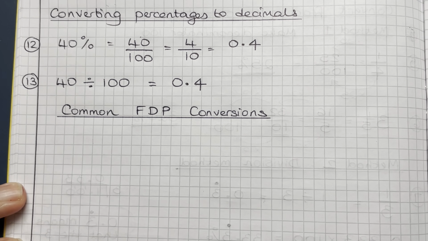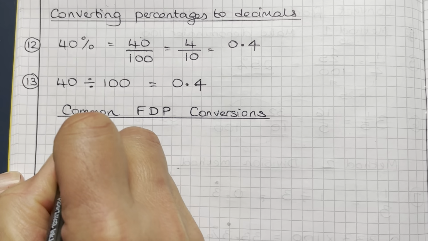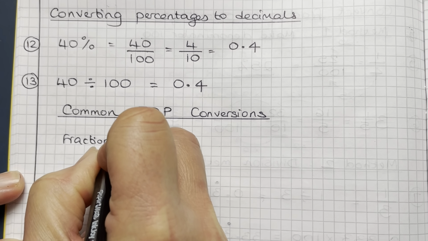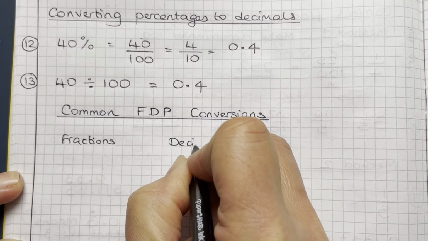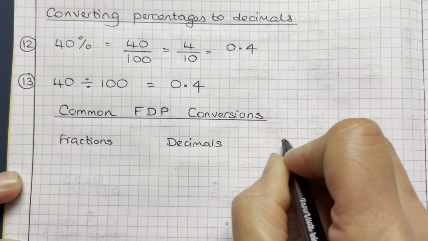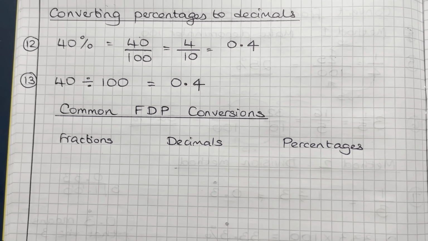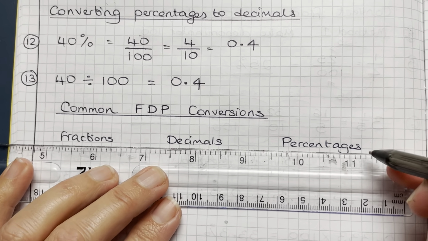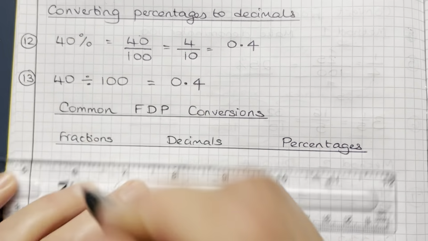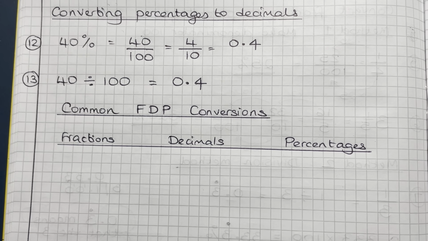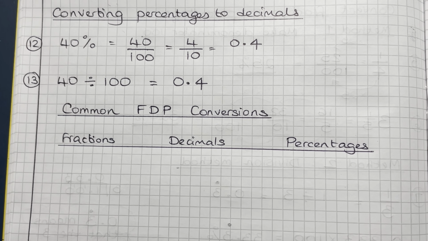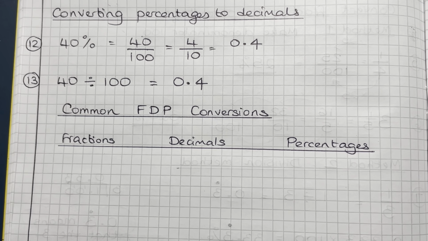So I'm just going to do a few. You can probably set it out far more neatly than me, because I'm just going to do it very quickly. Fractions, decimals and percentages. 3 quick headings. And then I'm not going to do, obviously, loads. I'll just do a few key ones that sort of tend to come up again and again.